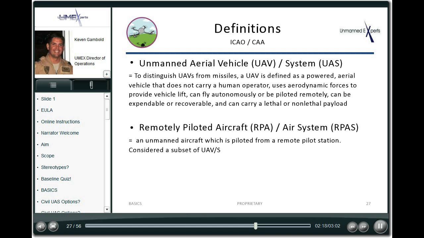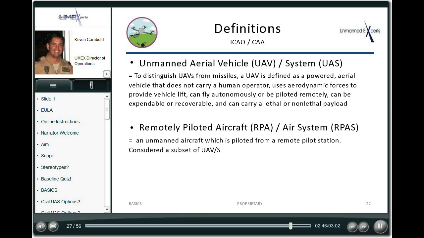So there isn't a computer that is autonomously flying it. As we will see, there are many systems out there which are not remotely piloted. They are actually flying on their own, often the smaller systems, but in some cases as large as they come. So everyone, the craze is for RPA, RPAS, but I think we should concentrate on UAV because eventually we're going to come back to this.